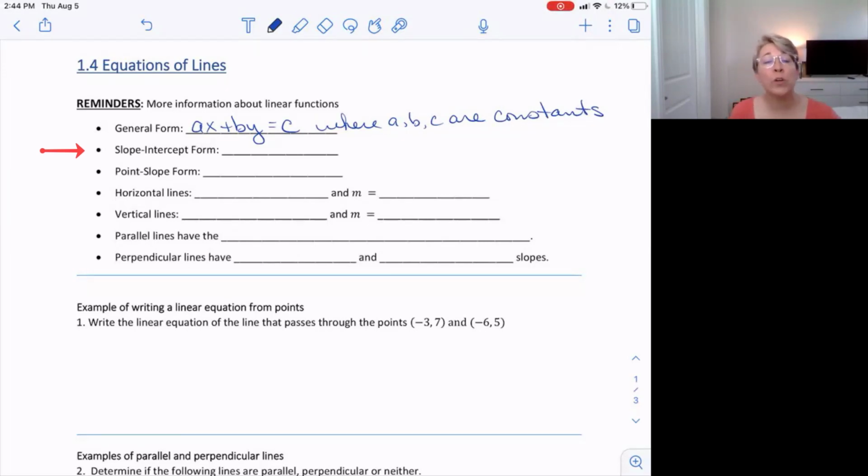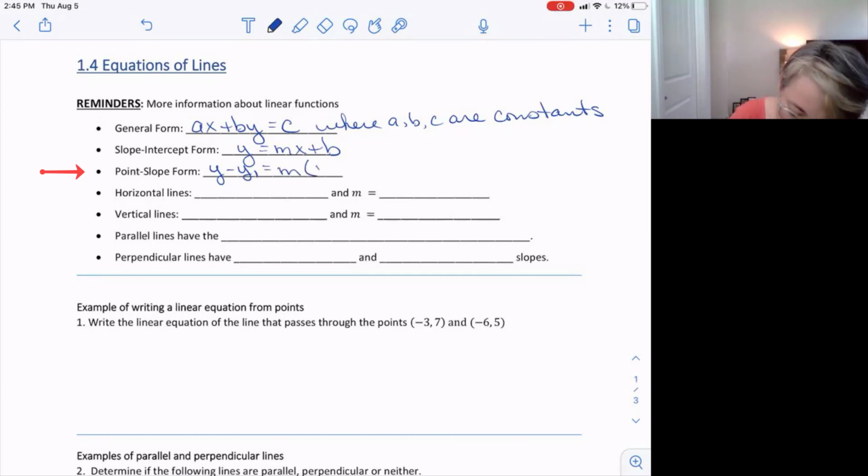We have the slope-intercept form, which we already talked about in 1.3, where y equals mx plus b. Remember, m represents your slope, b is your y-intercept. We also have the point-slope form, where we have y minus the y-coordinate of a point that's given, equals slope times, in parentheses, x minus the x-coordinate of a point that's given.